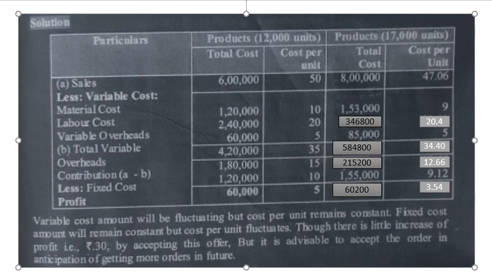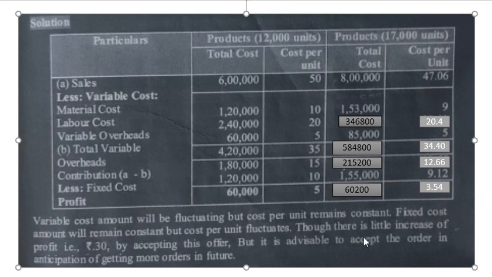Here the fixed cost is rupees 10 per unit. As it is stated that it is increased by 35,000, the amount has changed, but fixed cost amount will remain constant, and as the number of units increases, the cost per unit will fluctuate. So it is a vice versa explanation: variable cost amount fluctuates but cost per unit remains constant, while fixed cost amount remains constant but cost per unit fluctuates.